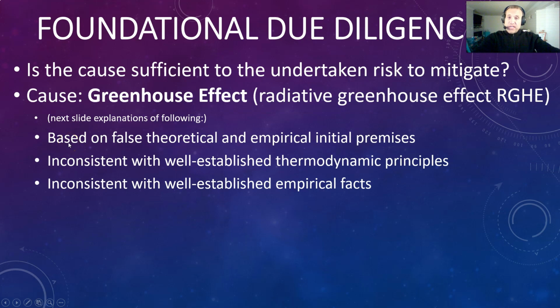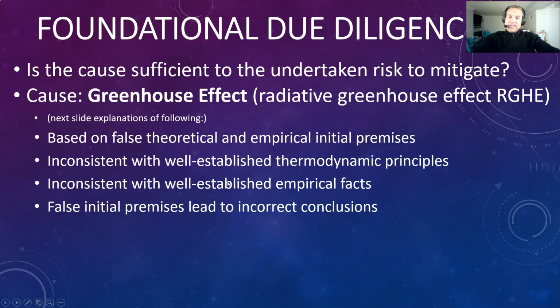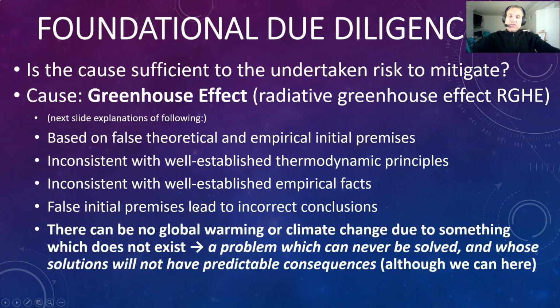The thing about this greenhouse effect, when you look into it, is that it is based on false theoretical and empirical initial premises. It's inconsistent with well-established thermodynamic principles and with well-established empirical facts. False initial premises lead to incorrect conclusions.